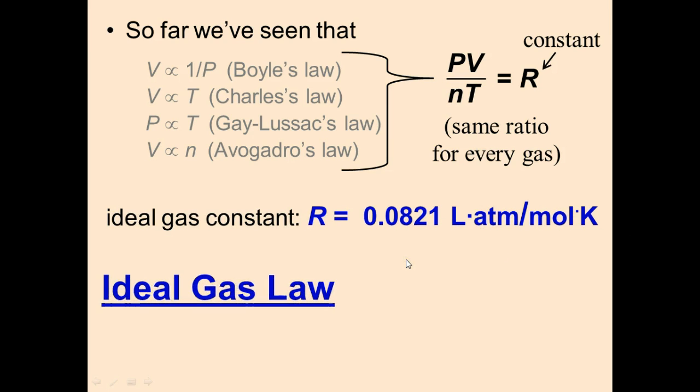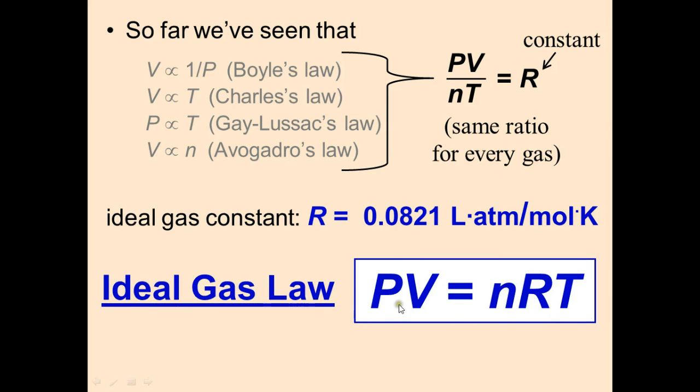From that we derive this formula, PV equals nRT, just by moving nT to the other side. This is the formula we're going to be using. And the ideal gas constant tells us the units we have to use. We have to have pressure in atm, volume in liters, number of moles, and temperature must be in Kelvin.